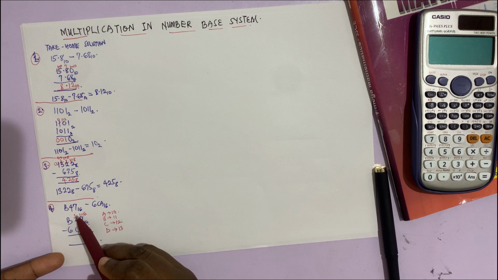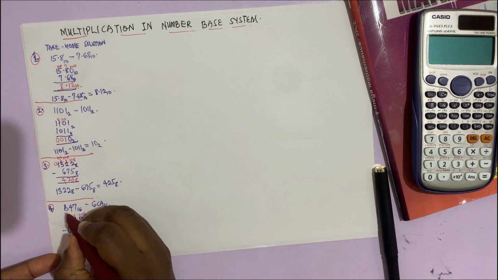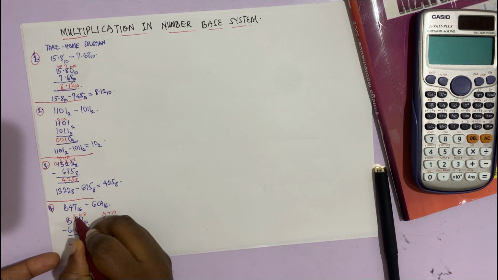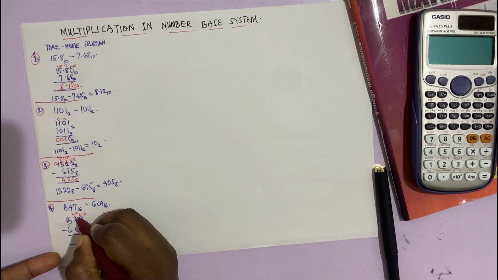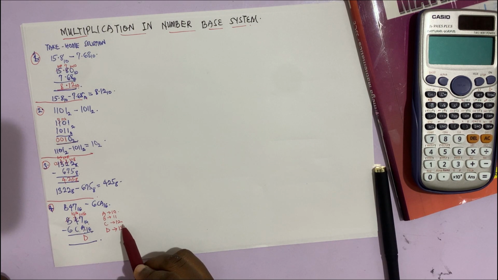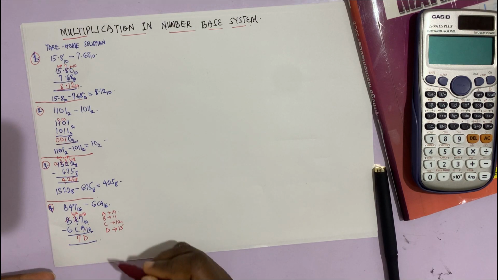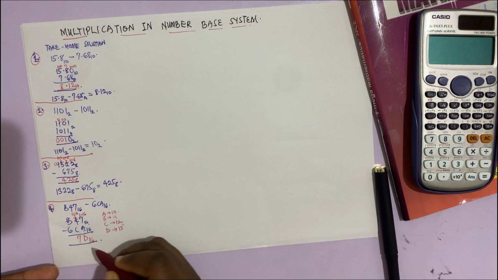Write this. So 3 minus 6, C is 12. So 3 minus 12 is impossible. So we come to this B. B is 11. So we borrow 1 from that, which is actually 16. 16 plus 3, 19. 19 minus C, which is 19 minus 12, will give us 7 in base 16.